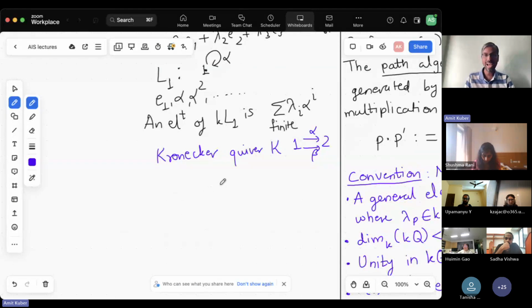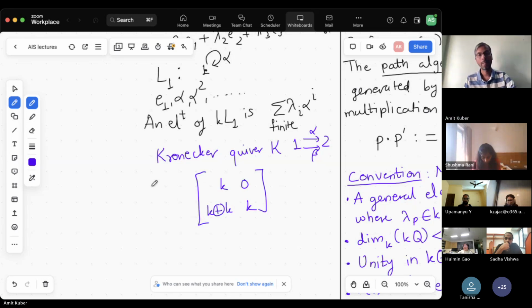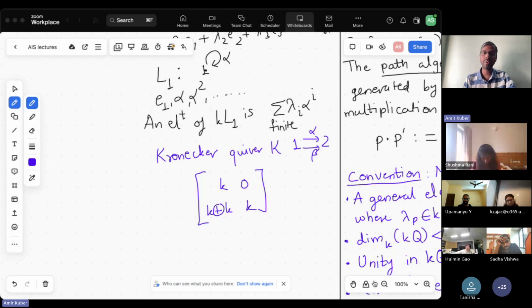And over there, I write K, K, and K direct sum K, and 0. That's the way to write this. And the multiplication is defined appropriately. So the matrix notation is especially useful if there are no parallel arrows.